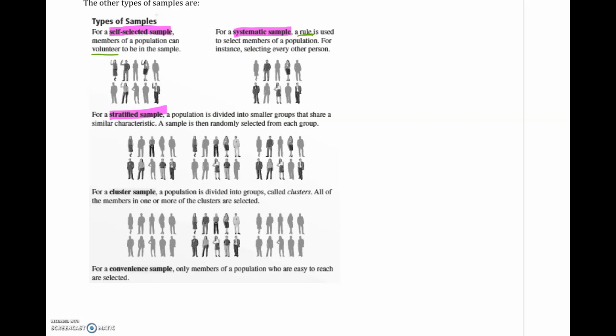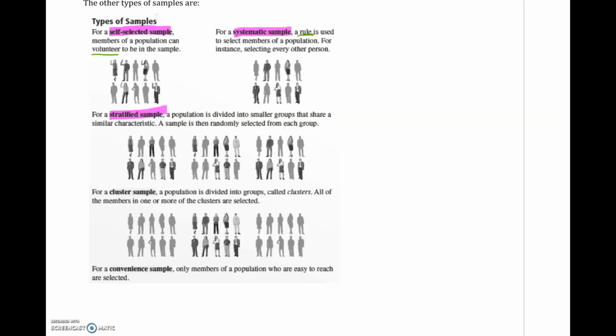So for example, if you look at our class, we might say, let's break up our entire class as our population into a cluster of boys who have light-colored hair, boys who have dark-colored hair, girls who have light-colored hair, girls who have dark-colored hair. And then from each of those 4 groups, you're going to select like 2 or 3 people to make a stratified sample.